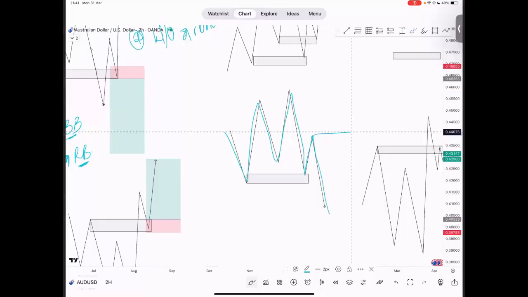It creates a flip zone. This time it is not a breaker block. Instead it's called a flip zone. Failure of an order block with a reaction to it before failing creates a flip zone. Failure of an order block with little or no reaction before the failure creates a breaker block. They are different, right?